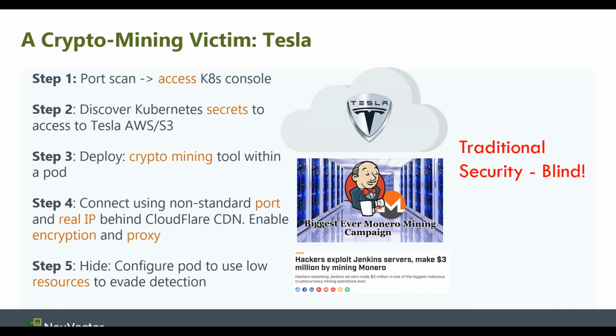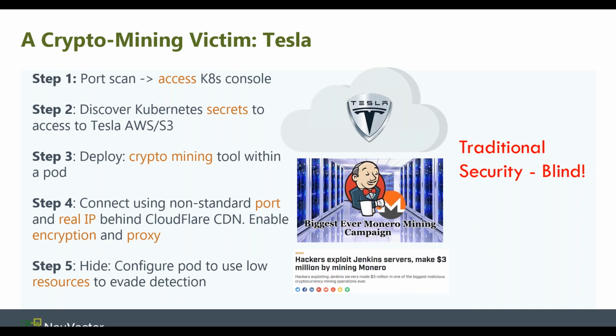And then when they got in, they browsed around. They saw there were AWS storage secrets configured in the Kubernetes. Obviously, a hacker can use those secrets to access Tesla's sensitive information. There's no proof that the information got leaked or not, but we all know this could happen easily because the secrets were there.